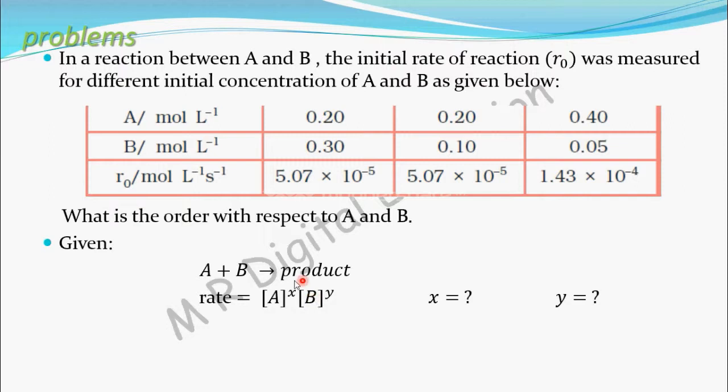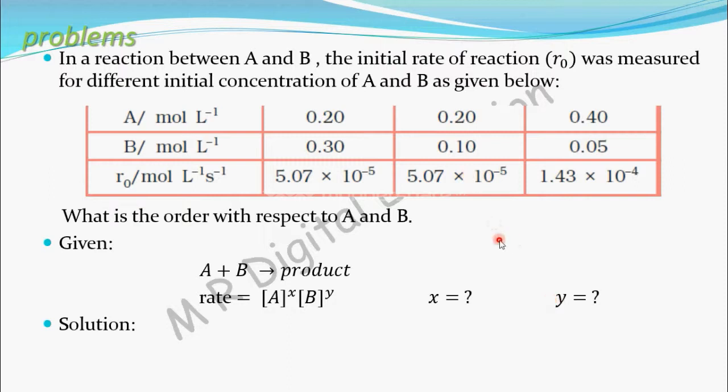So what we have to find? We have to find X value and Y value. Let's see how to find. One of the orders you have to find by looking at the table only.